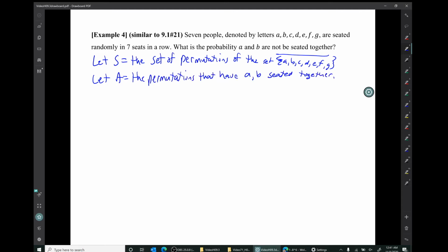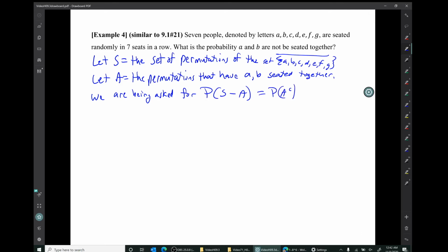So we'll let S be the set of permutations of the set A, B, C, D, E, F, G, and let A be the set of permutations that have A and B seated together. And so what we're interested in is the set S minus A. And we're being asked for the probability of that. And so that's the probability of A complement.